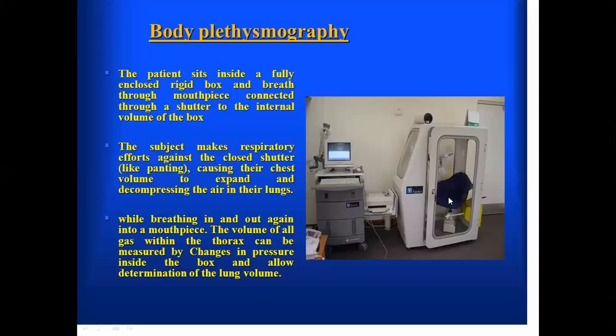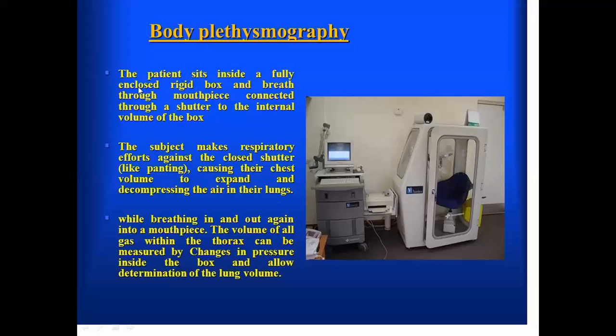The patient should be seated inside, and after that we will close this door. We do not allow any airflow to go inside or outside, so it should be a tight box.